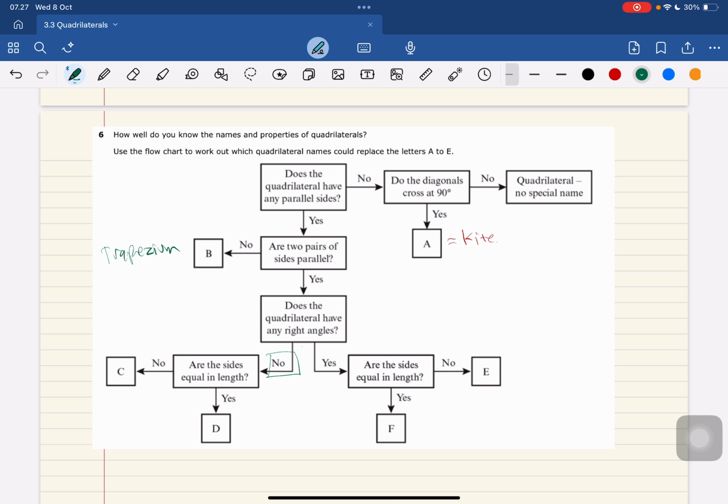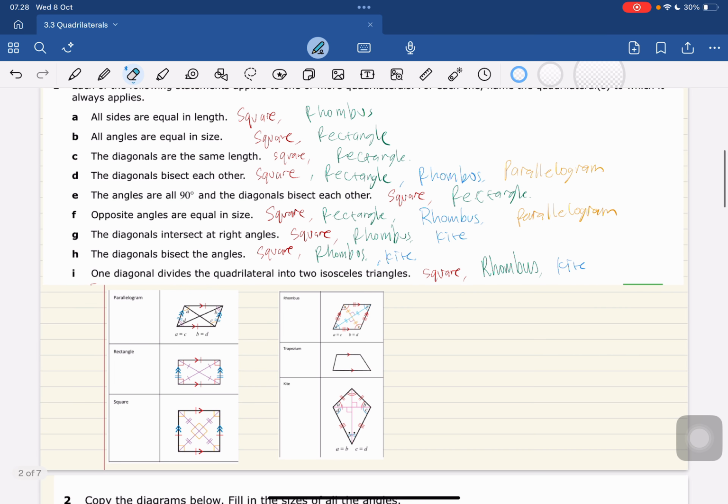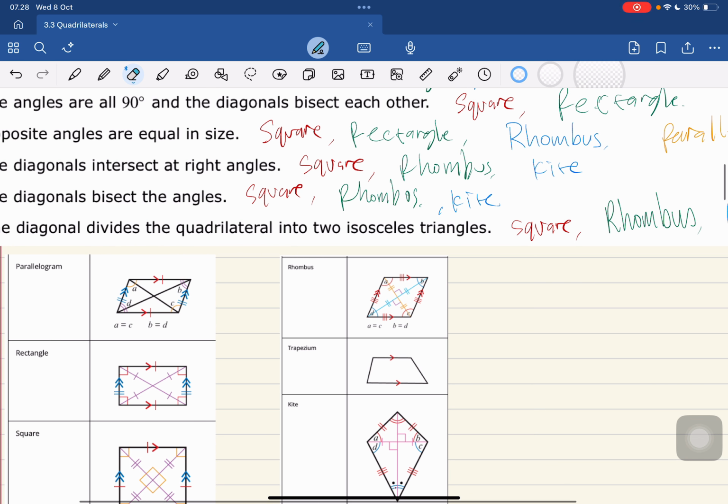Does the quadrilateral have any right angles? If no, the possible answers are only parallelogram and rhombus. Are the sides equal in length?